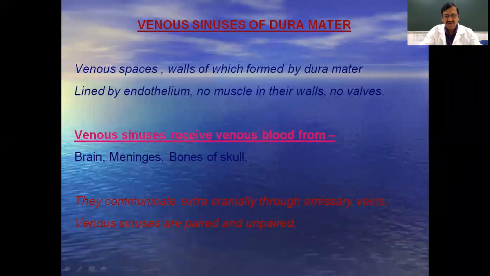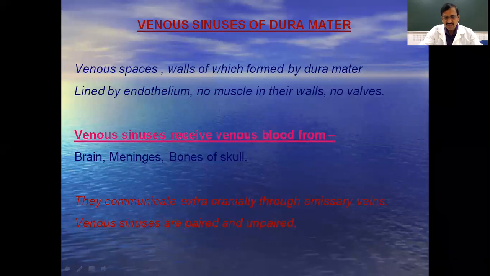Another disadvantage is that whenever there is an infection outside the cranial cavity, in the scalp or face, because there are no valves, there is a retrograde flow of blood from superficial to deep into the dural venous sinuses, and it may lead to complications like dural venous sinus thrombosis. That is the problem with the emissary veins.